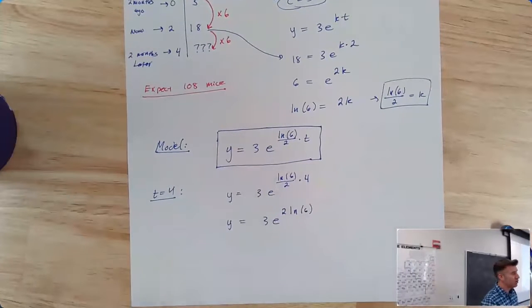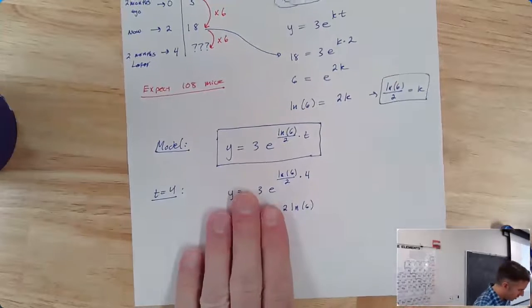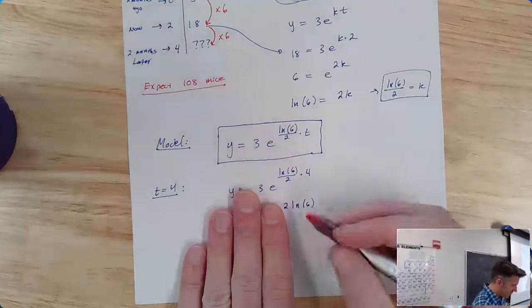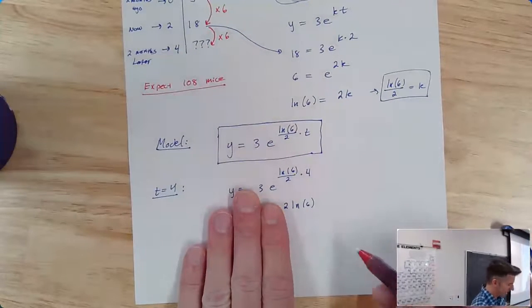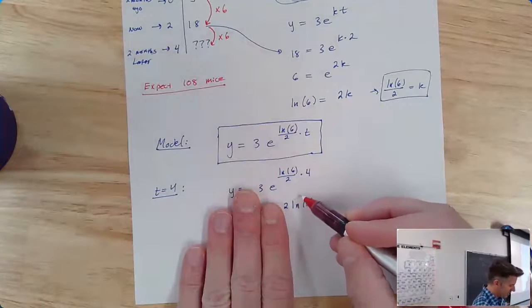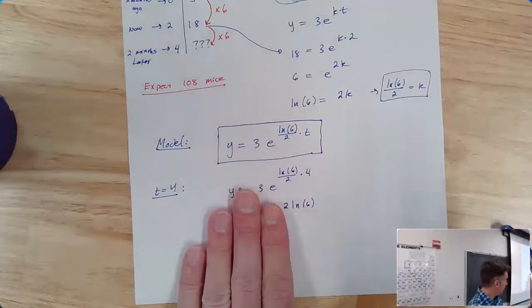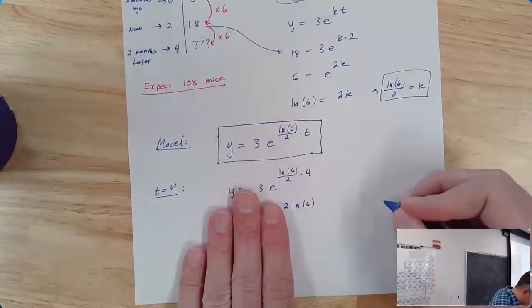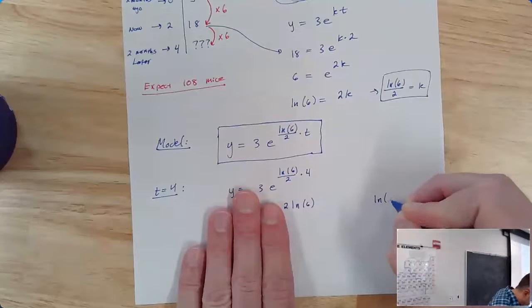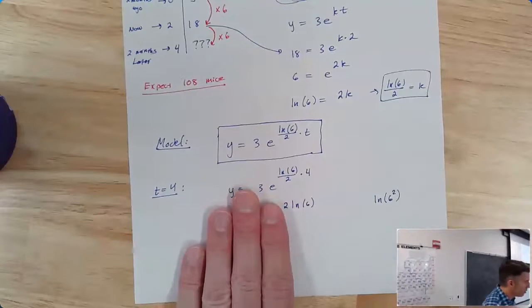And now I'm going to use a rule for logarithms. If you have 2 natural log of 6, I can put that 2 up in the exponent. That's a totally valid thing to do. So I can rewrite that part as the natural log of 6 squared.